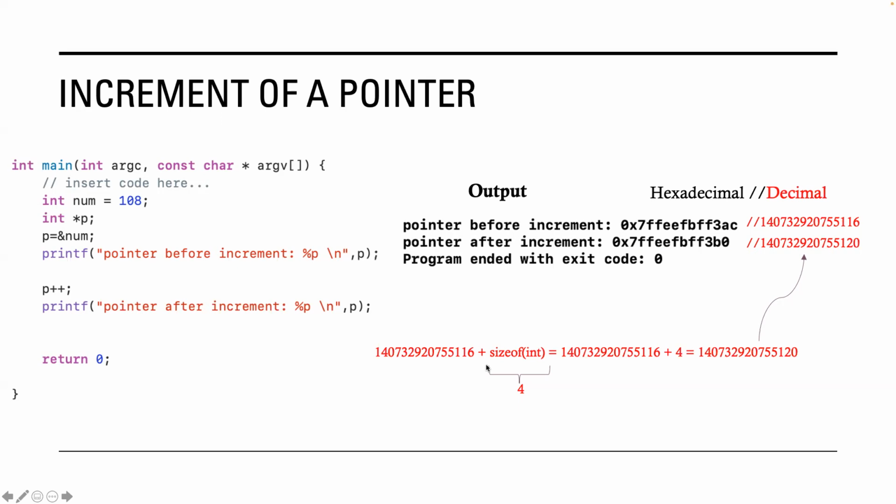So you can see how it works. If I add the sizeof int data type, I'm getting 4. So if I add 4 to this long number, I am getting this value. By comparing the last digits, you can see it clearly.